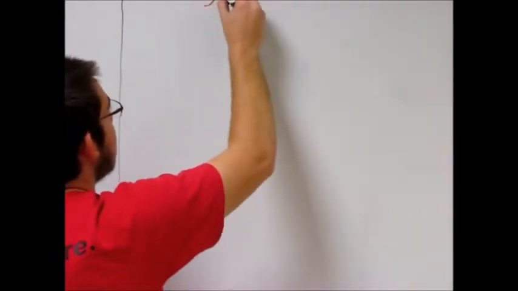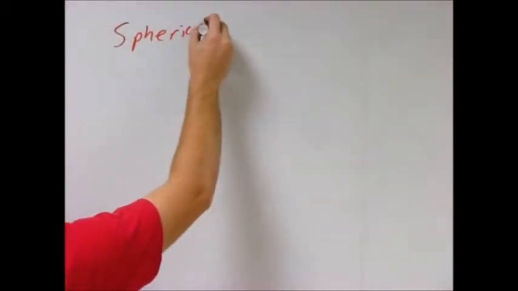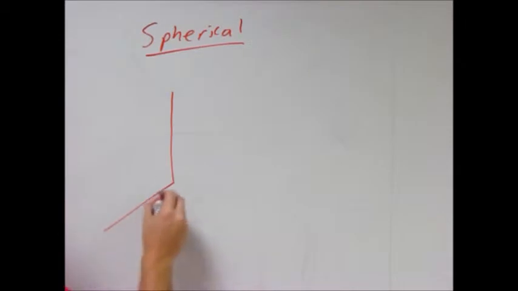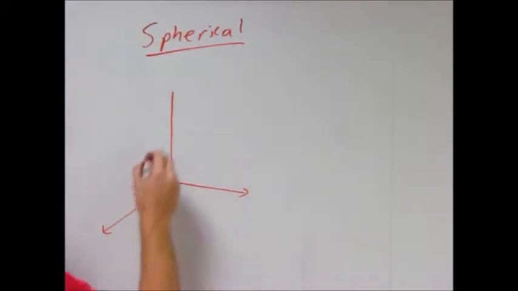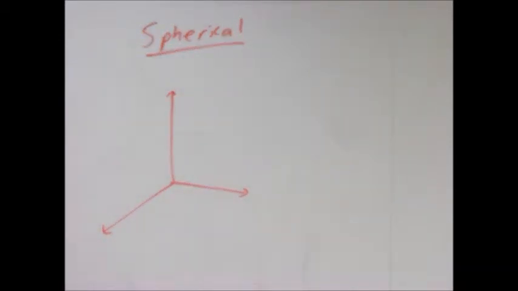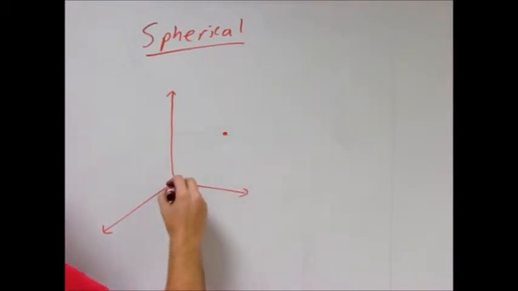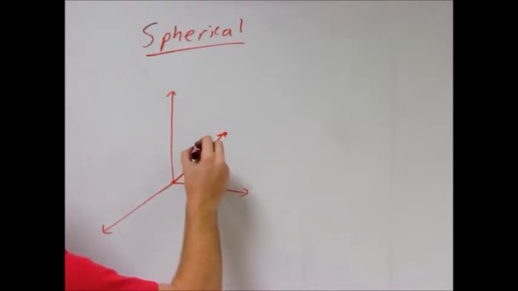So in spherical coordinates, you have the distance from the origin. So any point has a distance from the origin, and that's called rho. The Greek letter rho is used.